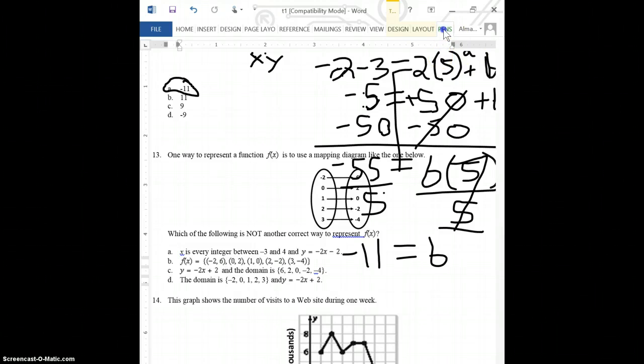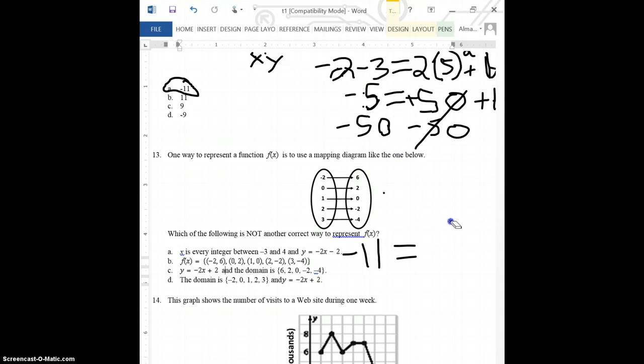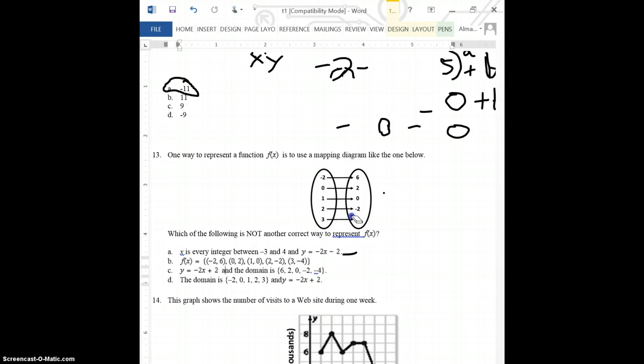Number 13. One way to represent the function f of x is to use a mapping diagram like the one below, which is not another correct way to represent f of x. Okay, so that means that we are going to have to look at several answer choices.